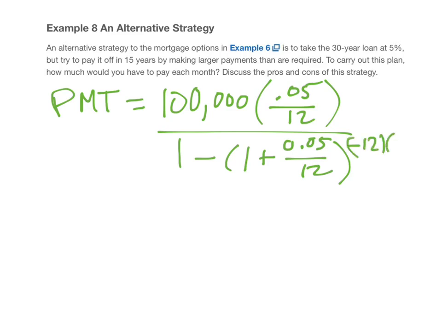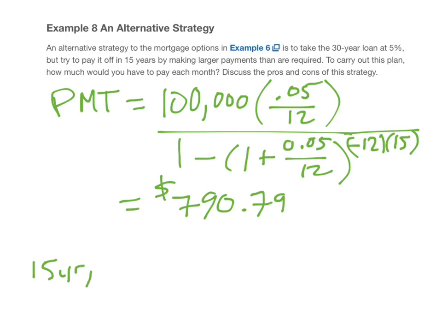So we've got negative 12 times 15 as the exponent, and this would give us the payment if we're trying to pay off $100,000 in 15 years. So that's going to work out to be $790.79.